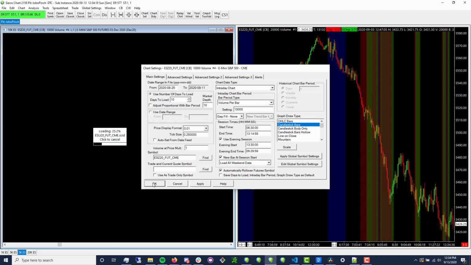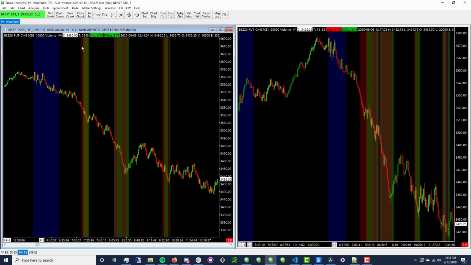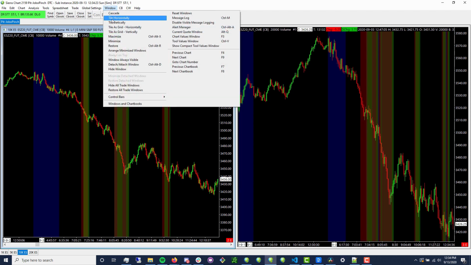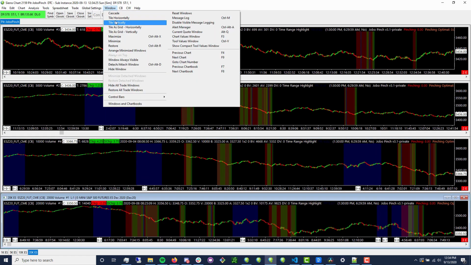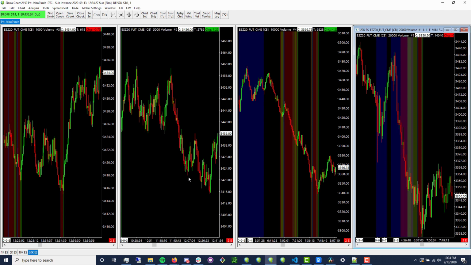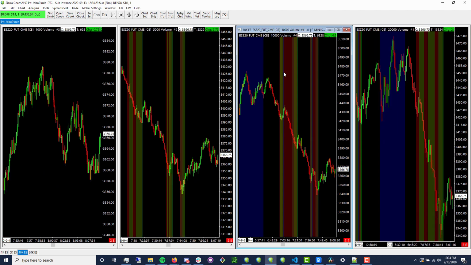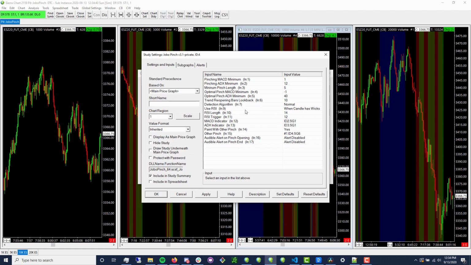And then finally, what we want to do is chain these together. But first, let me just organize them a little bit. We'll tile them vertically. And so we want the 10,000 trade chart to link to the 20,000 trade chart, the 5,000 to the 10,000, and then the 1,000 to the 5,000. Okay, so just going to go through that exercise real quick.